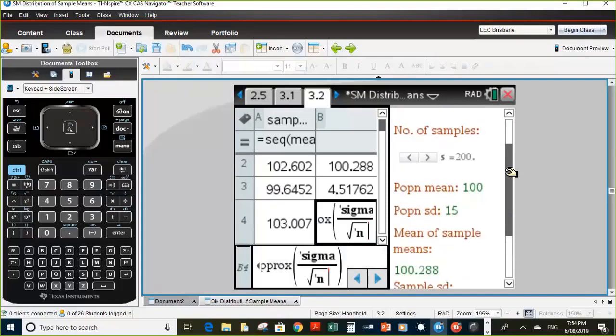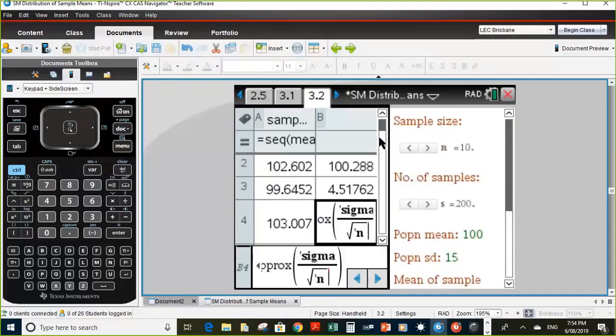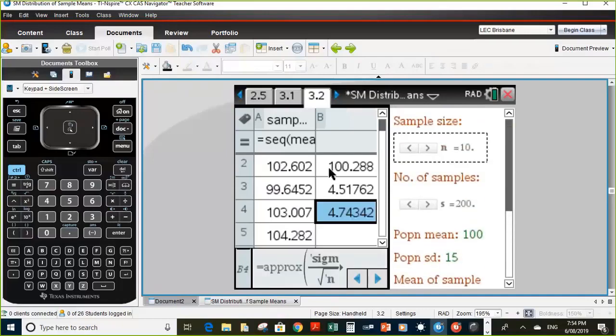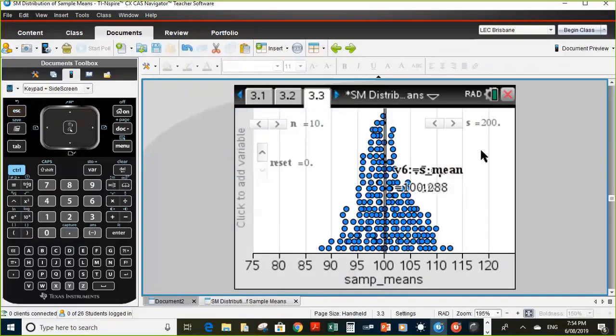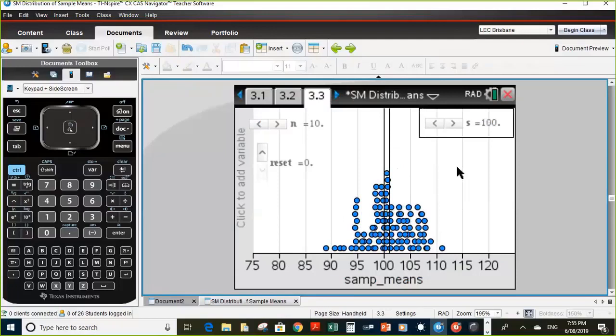So pretty much the same thing being displayed in the notes application there. If we press escape and then go to the next page, this is where we've got 3 sliders. We've got the reset slider. In particular, we've got the sample size n, which is currently at 10, and we've got 200 samples. You could knock it back to 100 if you wanted to.